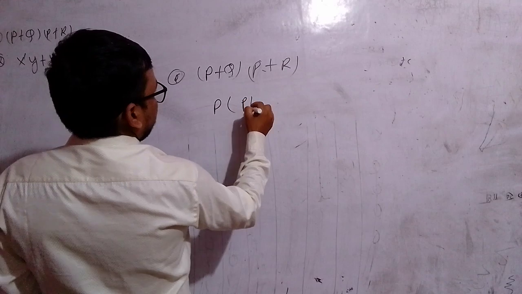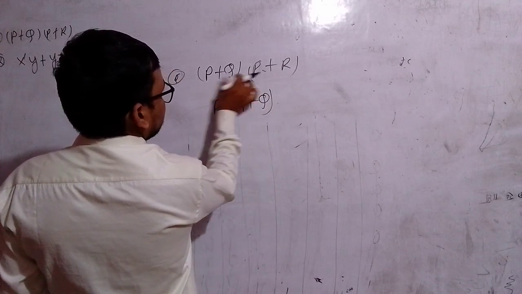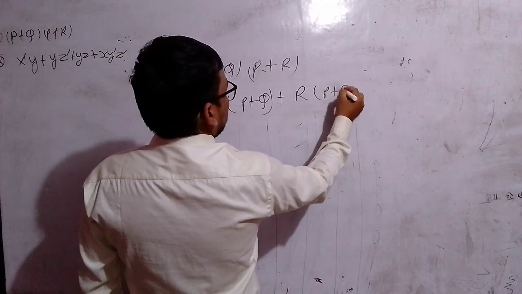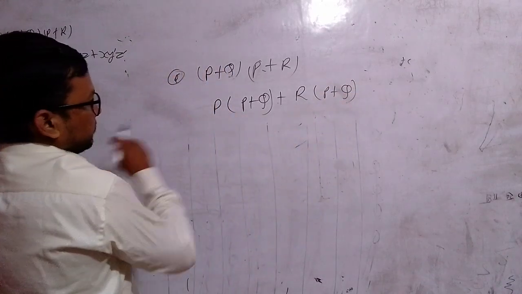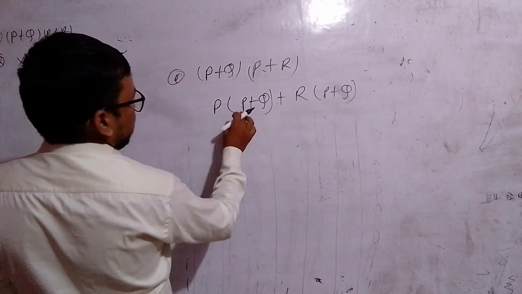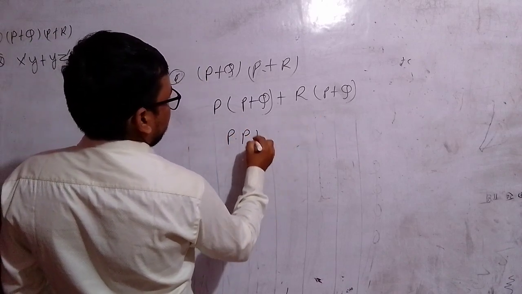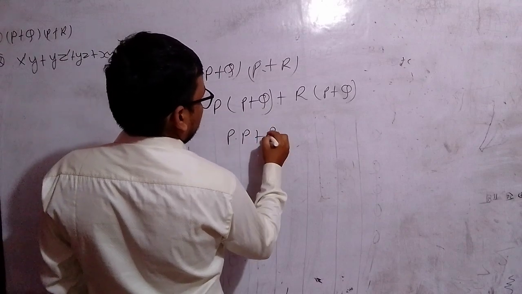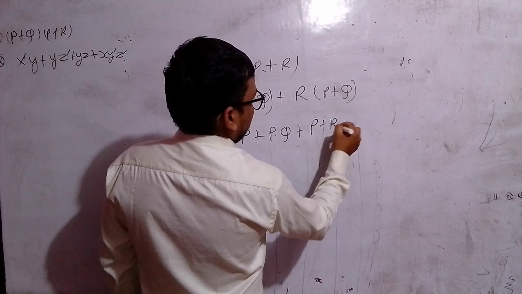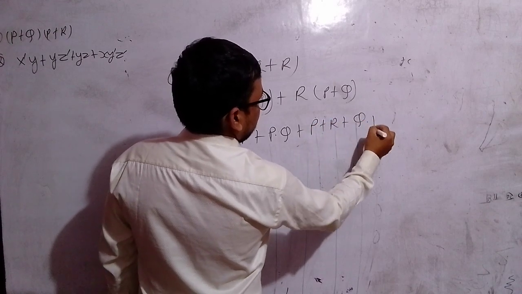P plus Q, we need to multiply this term with both of these terms, plus R times P plus Q. Now P dot P plus P dot Q plus P dot R plus Q dot R.